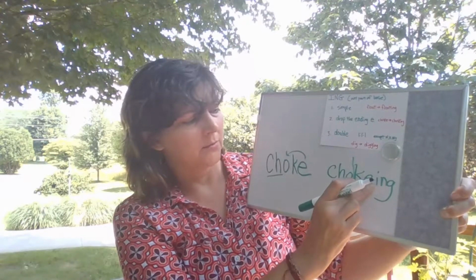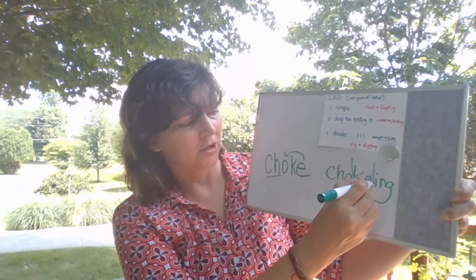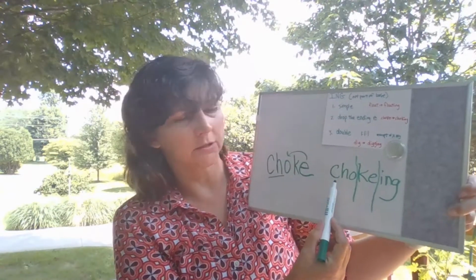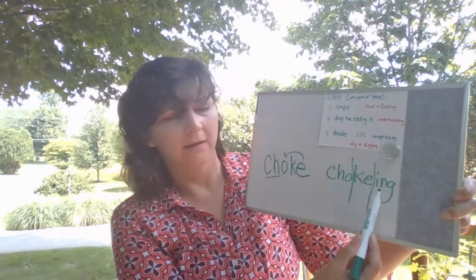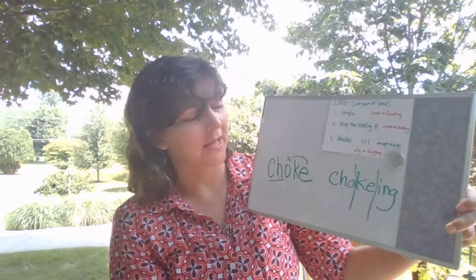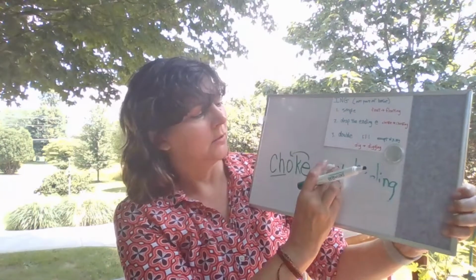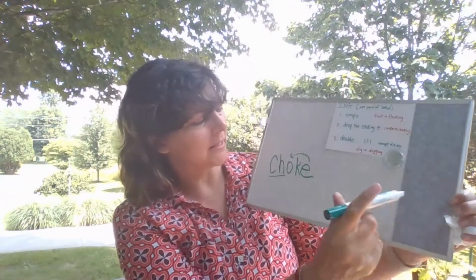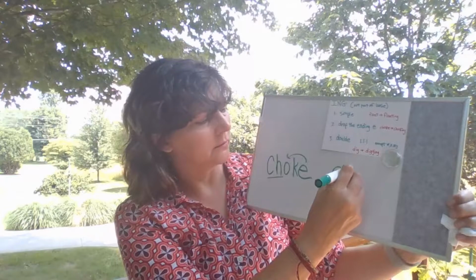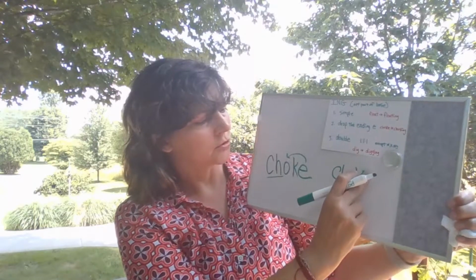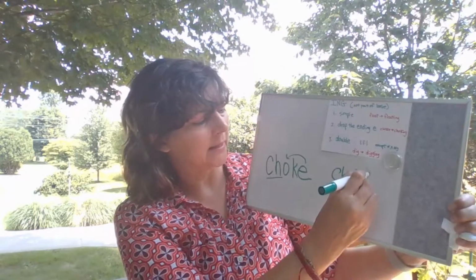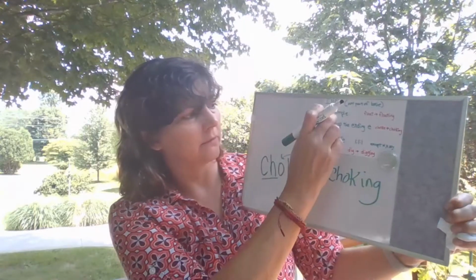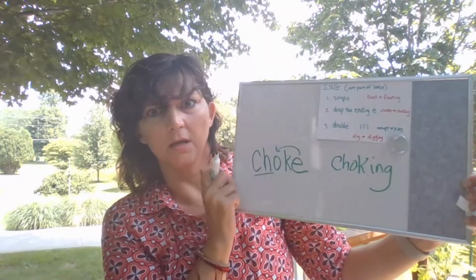Well, we know EI isn't very common, so we might split it here, and then it's cho-ki-ing. Now, that is exactly why we need to drop our E. If it ends in an E, most likely, we're dropping the E and adding ing. Very good. Drop that E.